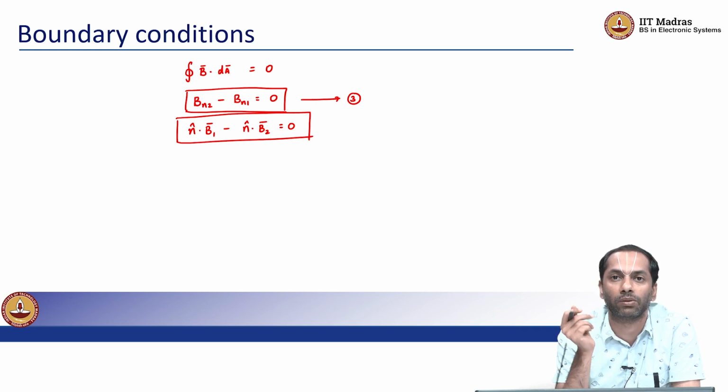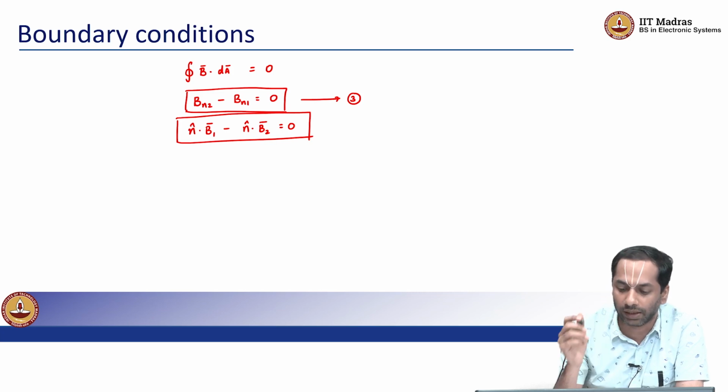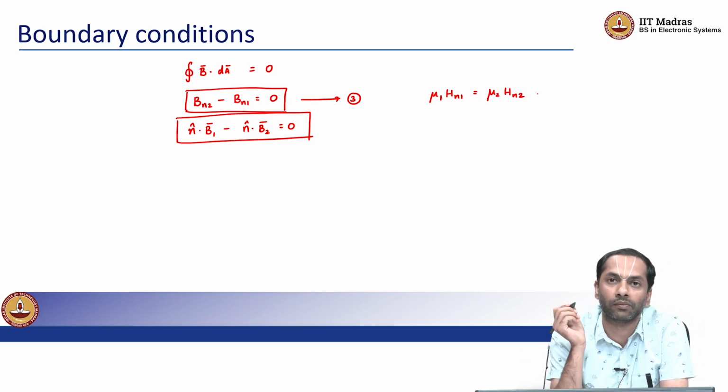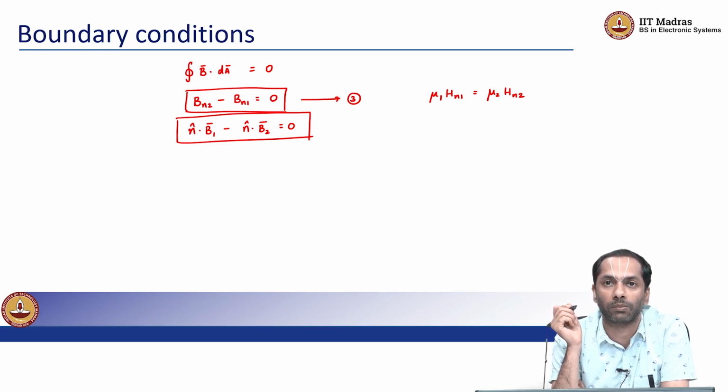If I were to change this to the magnetic field intensity H, remember that you would have mu1 H normal 1 is equal to mu2 H normal 2. Okay. So please ensure that you are comfortable going back and forth between B and H or E and D, right.